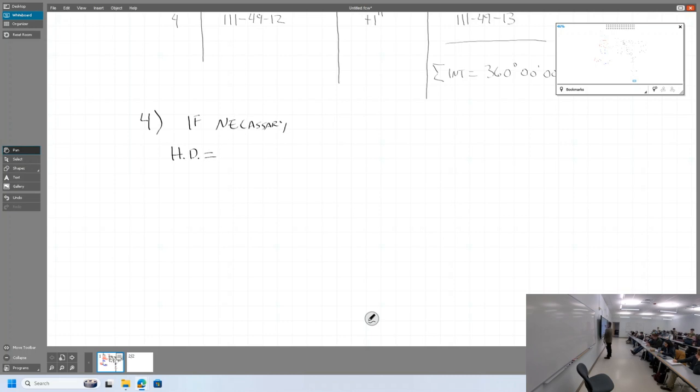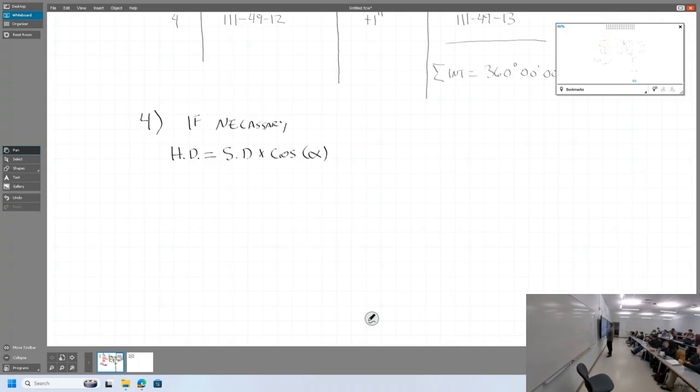Horizontal distance is equal to the slope distance times the cosine of the angle, or whatever that is called.